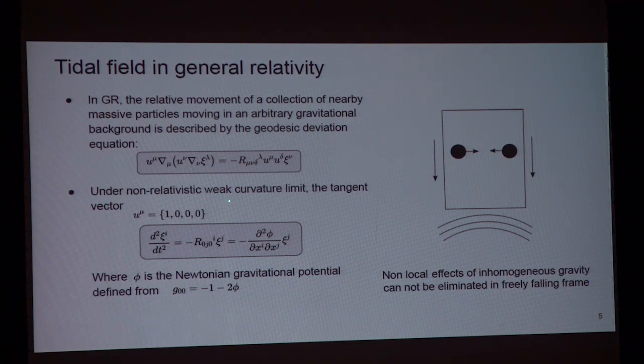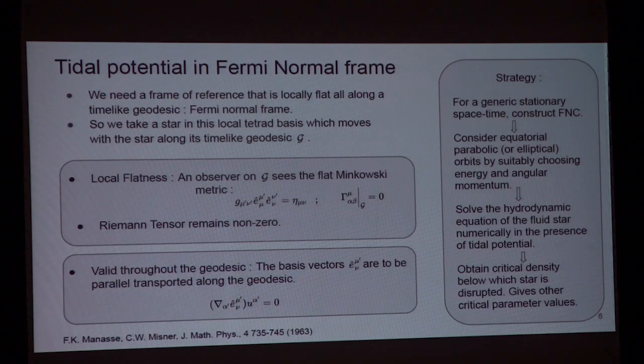And under the non-relativistic weak curvature limit, you define this tangent vector (1, 0, 0, 0), and you end up getting d2 xi by dt squared equal to the second derivative of phi, where the Newtonian gravitational potential phi is defined from g00 equal to minus (1 plus 2 phi).